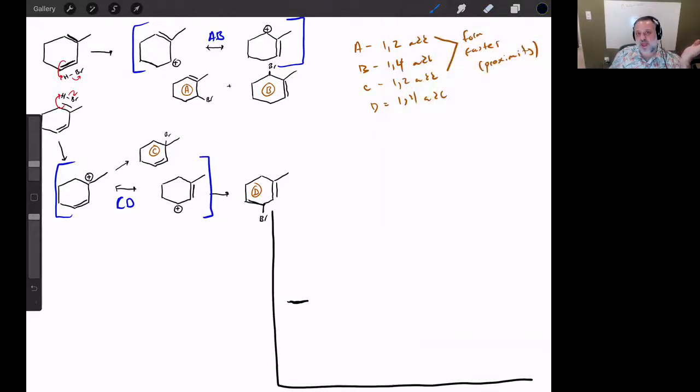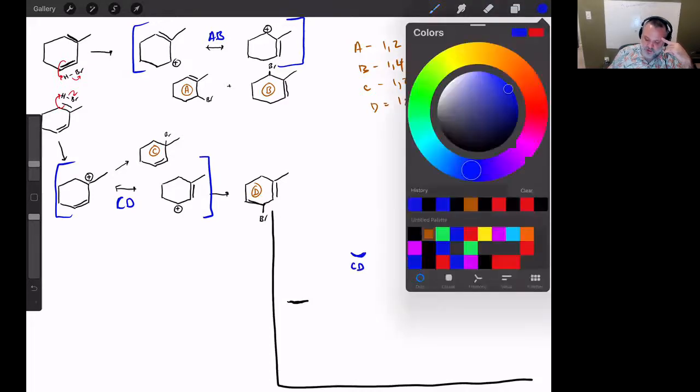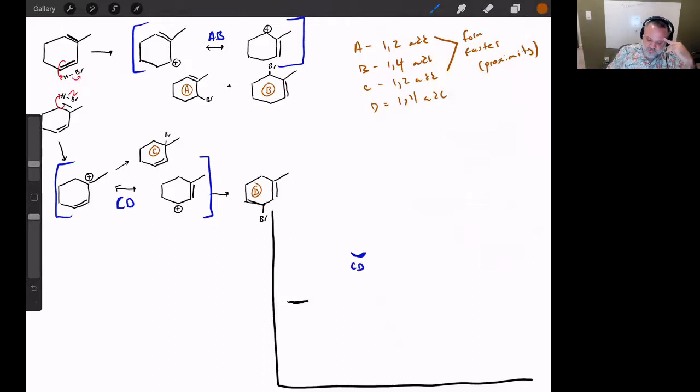And so this is where I actually did a calculation. It turns out that at the level of theory that I did the calculation, the CD carbocation is about 35 kilojoules per mole lower in energy than the AB carbocation.